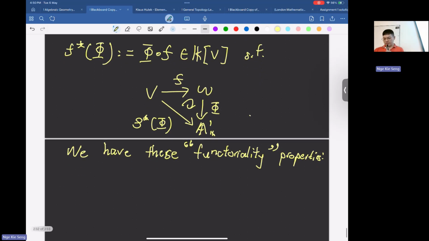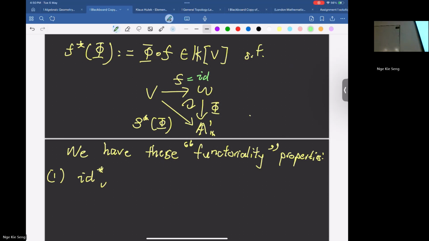So what is this doing here? If you look at the pullback of the identity, let's say this F is the identity. If you pull back every phi here, what can you see? Phi composed with identity, what do you get? Phi, right?